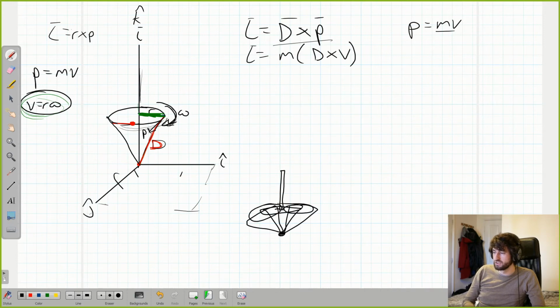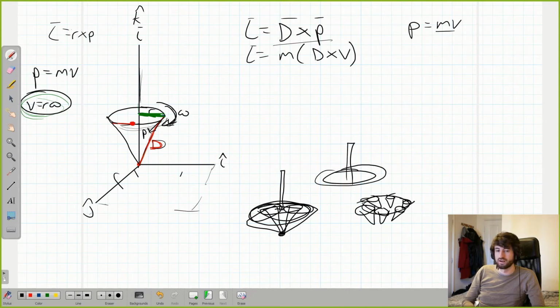So when you see a gyroscope spin like this, do you know what I mean? It wobbles in a circle like that. It doesn't just go in a straight line, it goes round and round. That's called gyroscopic precession. But we're not interested in that right now.